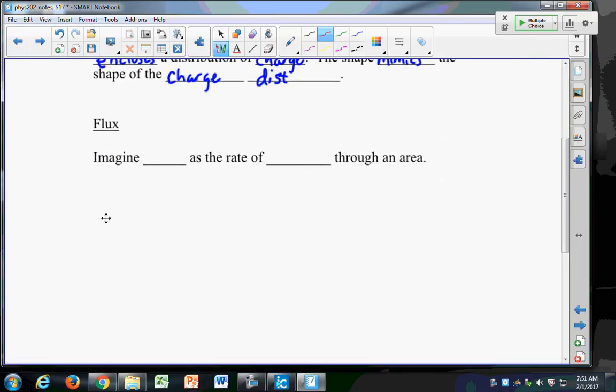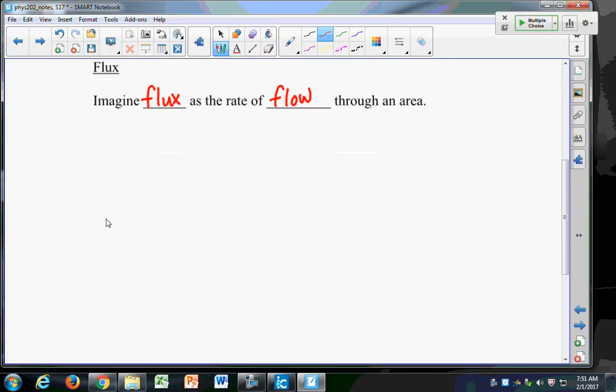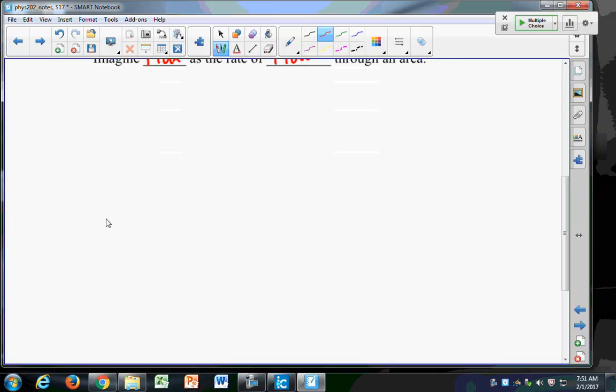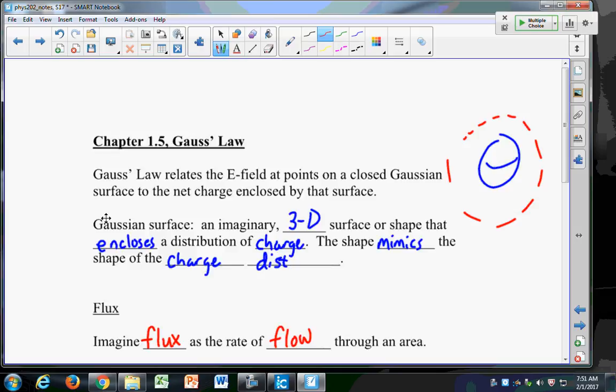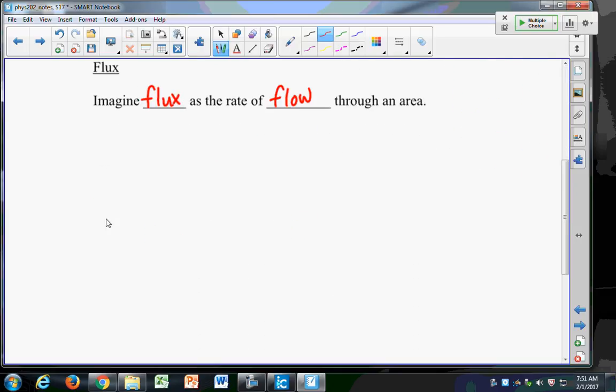Flux, we can imagine flux as the rate of flow through an area. All right, so let's say that we have this Gaussian surface. I'm going to imagine a Gaussian surface.